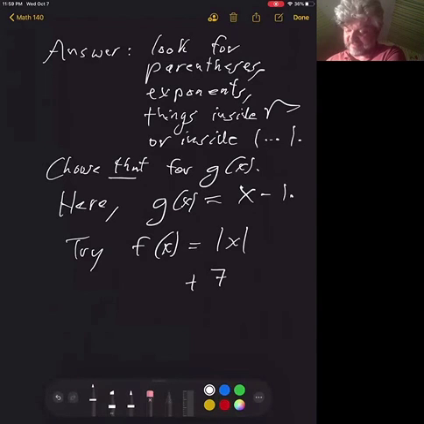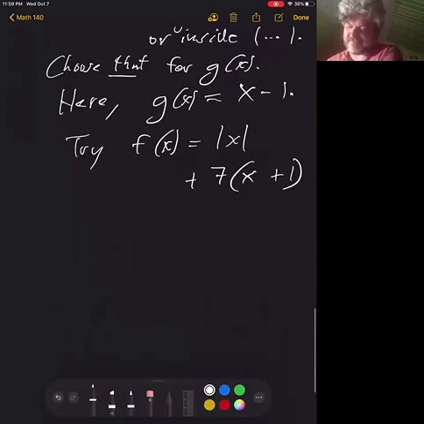Plus 7 times x plus 1. Okay, so that's now a try, except I first tried just the absolute value, didn't quite work. And with that correction, it's going to work.